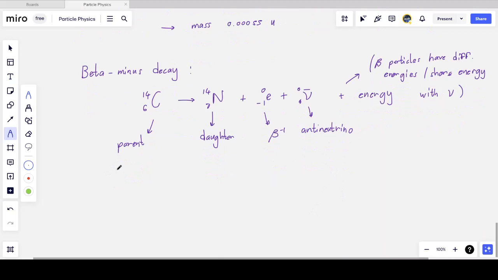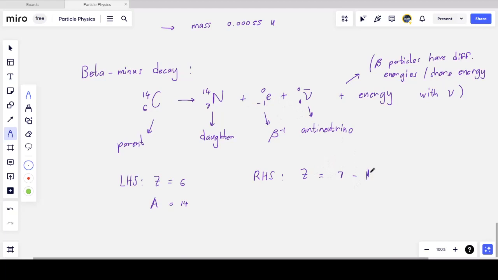So let's do the same conservation exercise that we did before. If you look at the left-hand side, the atomic number Z is equal to 6, and the mass number A is equal to 14. On the right-hand side, we have the atomic number Z being 7 for nitrogen, and cleverly we label that of the electron as -1.